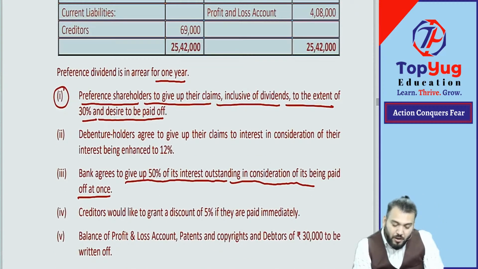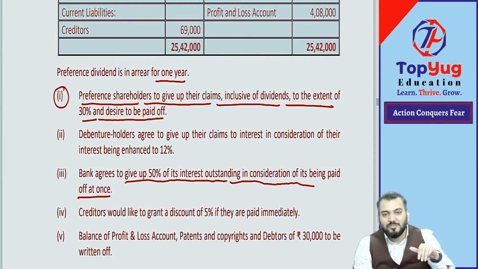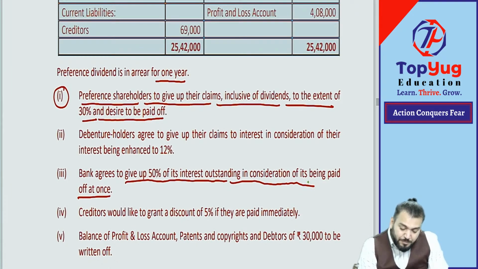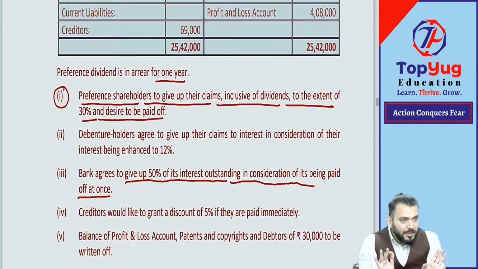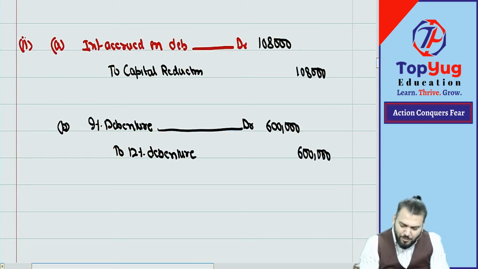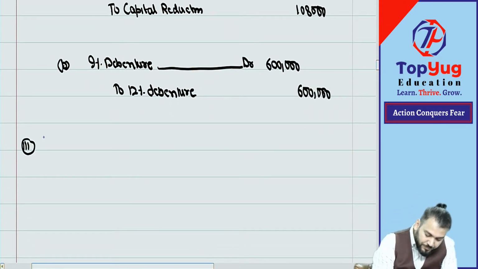Now what they are saying: bank agreed to give up 50% of interest outstanding. Means out of 15,000, how much will be cancelled? 7,500, and the balance will be paid in consideration of its being paid at once. Means the entire amount, principal plus interest, the balance will be paid at once. So let us do the entry. I hope you have understood.